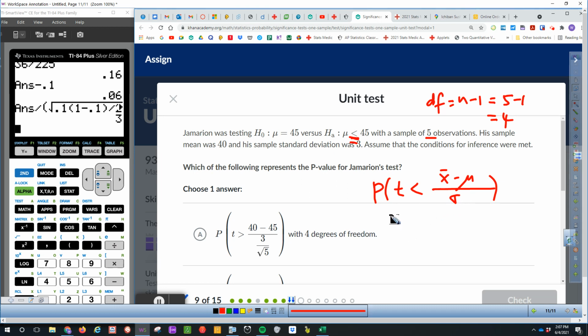But because we don't have the population parameter, we have a sample, we're going to change everything to sample, which is x bar minus mu divided by s divided by root n. So the mu we actually know is 45, and the mean was 40, the sample. So this is your sample.